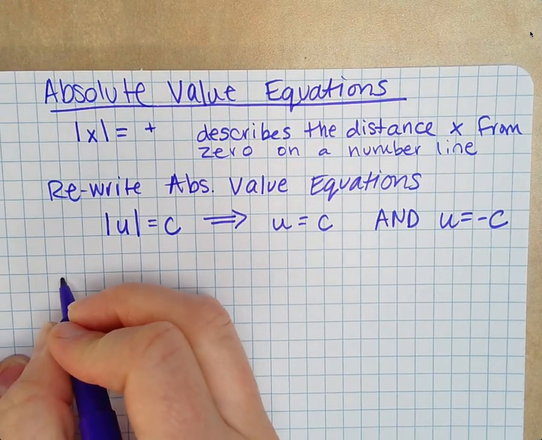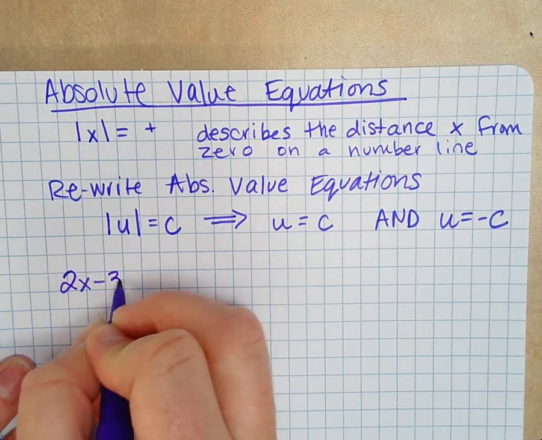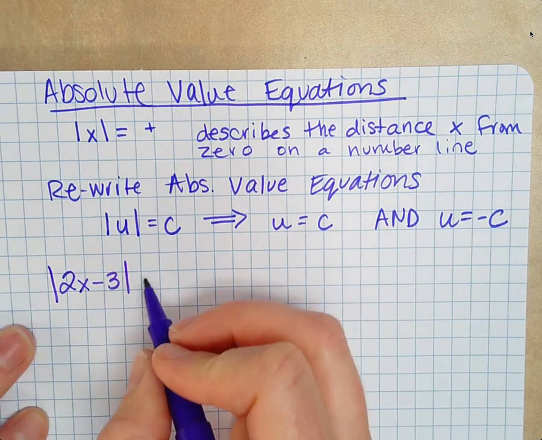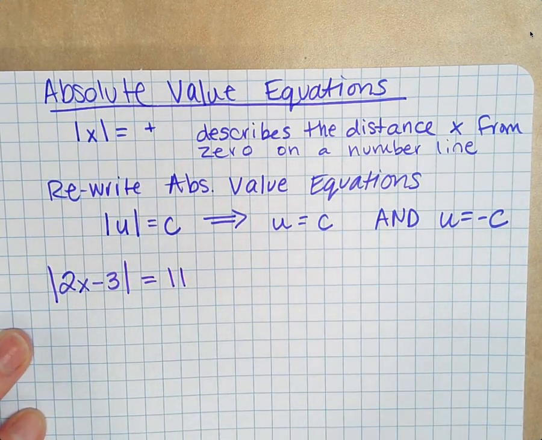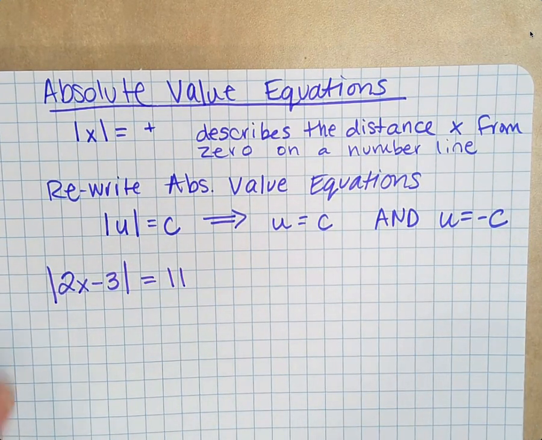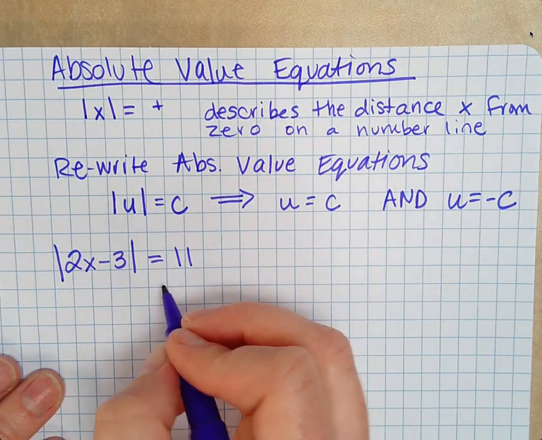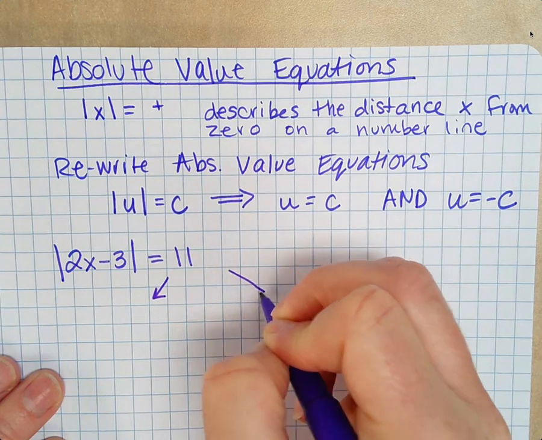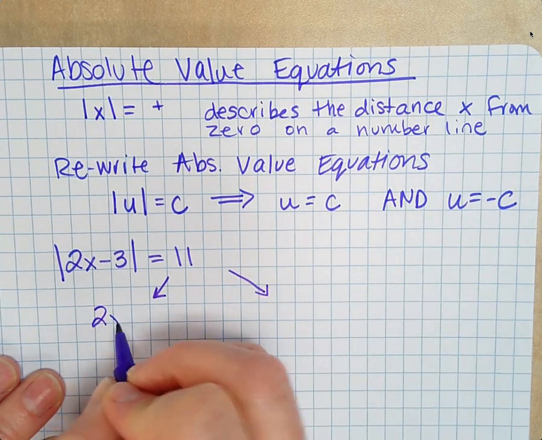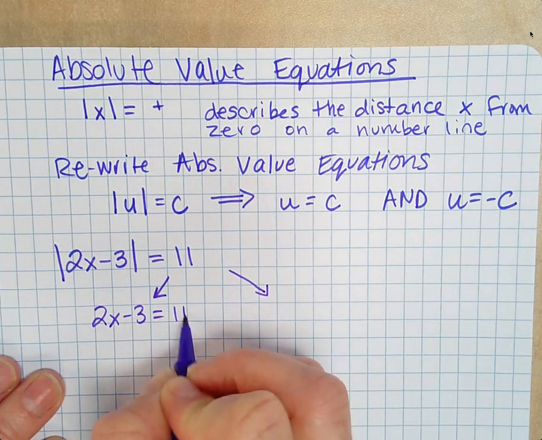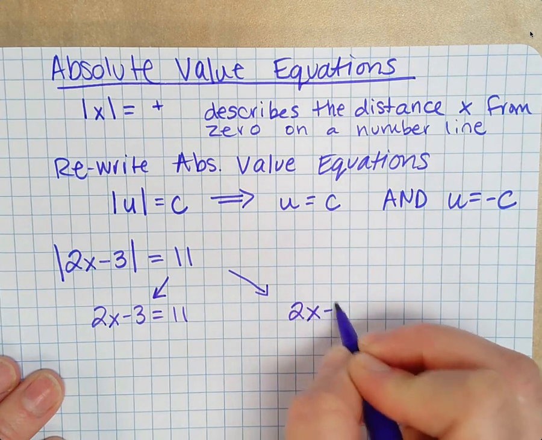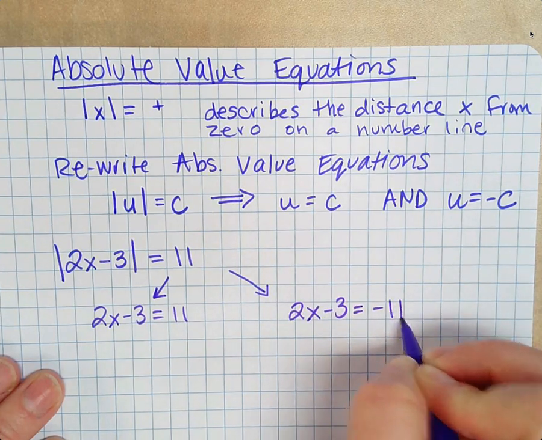So if we have the example, the absolute value of 2x minus 3 equals 11, then we would write this as two different equations. We'd write it as 2x minus 3 equals 11, and 2x minus 3 equals negative 11.